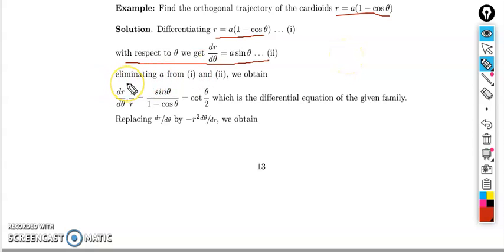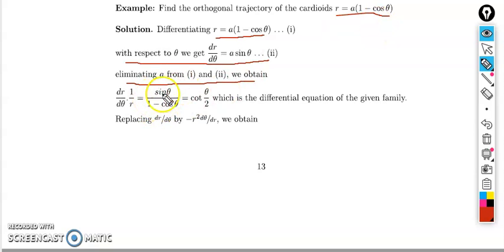Here we write the procedure: eliminating a from 1 and 2, we obtain this result. The question is, how can I obtain this result? Okay. So this one, dr/d theta, we divide by r, it becomes 1 by r dr/d theta, so the result becomes a sin theta by a(1 minus cos theta).